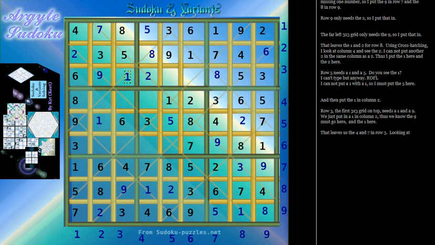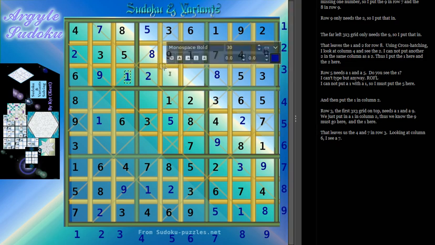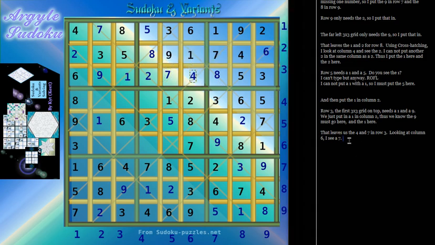Looking at column 6, I see a 7. I put the 7 in column 5 and the 4 in column 6.